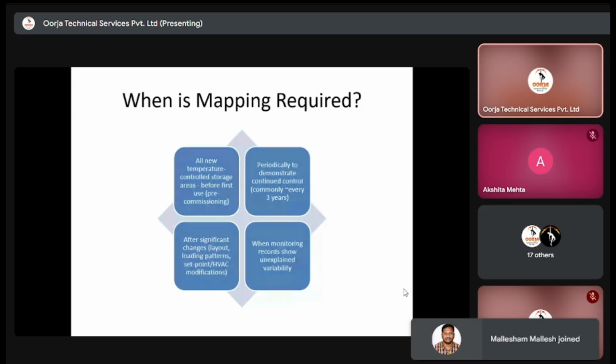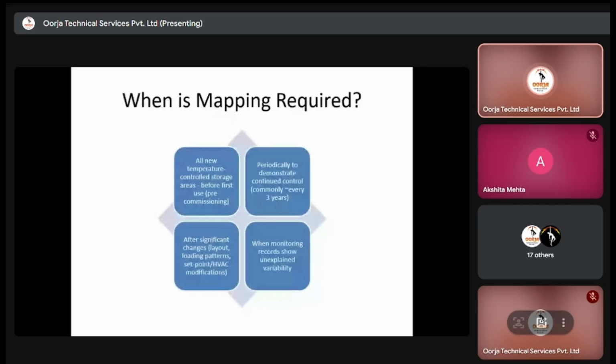Now, the next case arises when any significant change is being done in the structure. When I'm talking about structure, it is basically the physical structure, the physical area where the product is stored. It may be a warehouse, it may be anything, right?